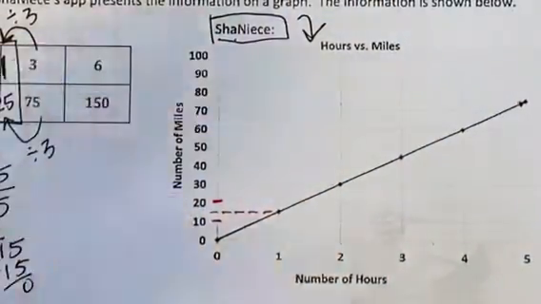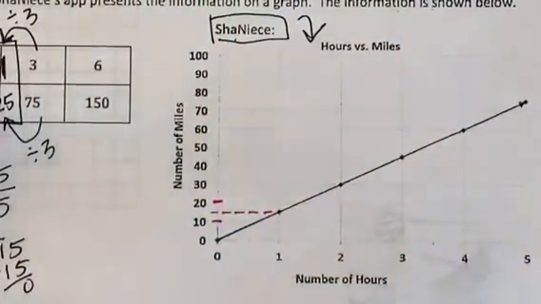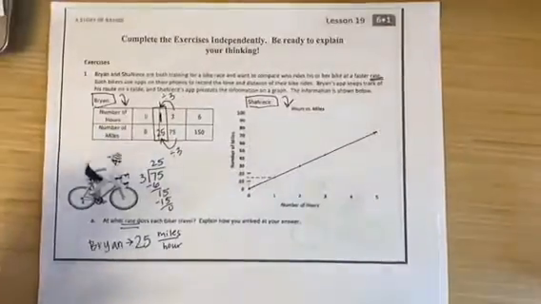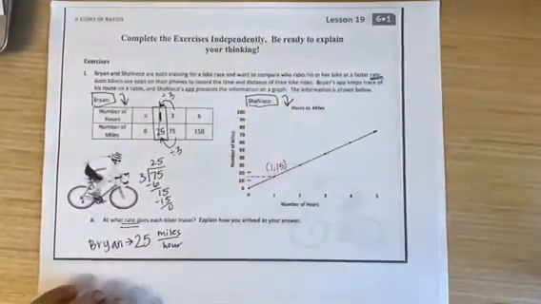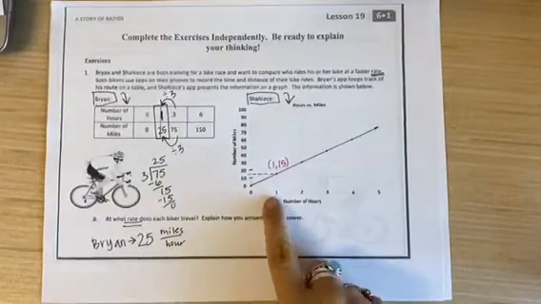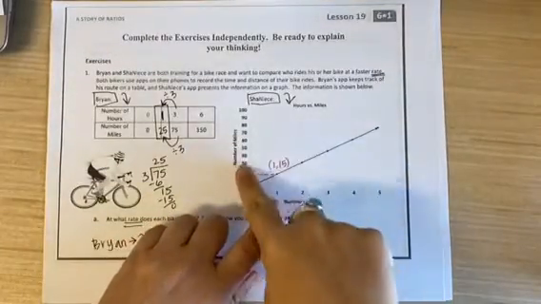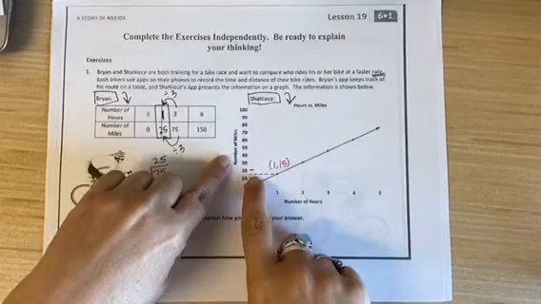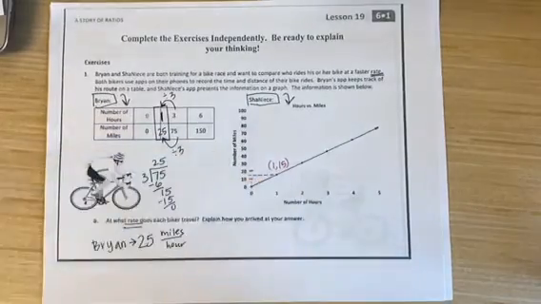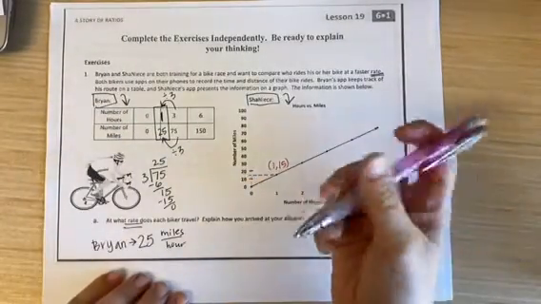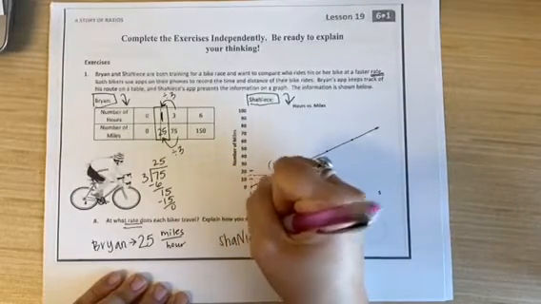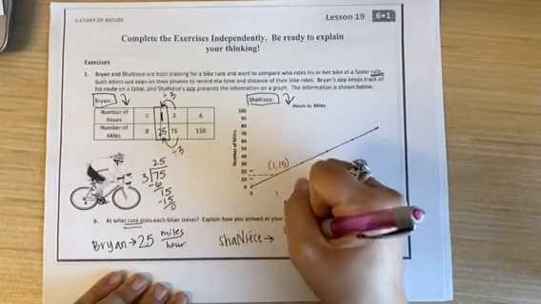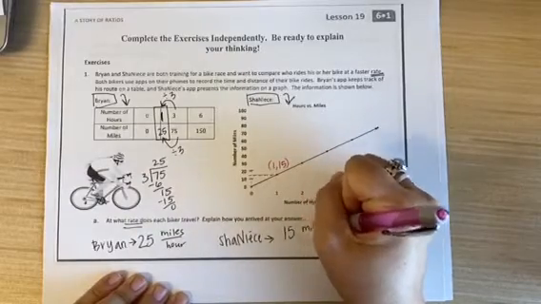So halfway between 10 and 20 is about 15. So let's say that point's at about 1, 15. So this being the number of hours, and the y-axis being the number of miles, she rides about 15 miles in 1 hour. Shanice, 15 miles per hour.